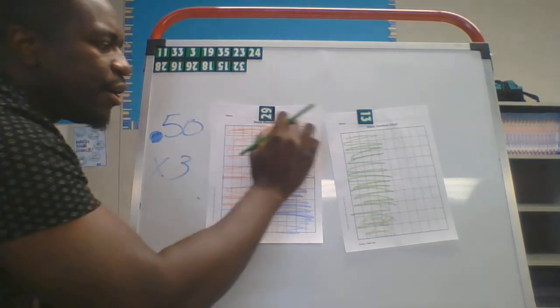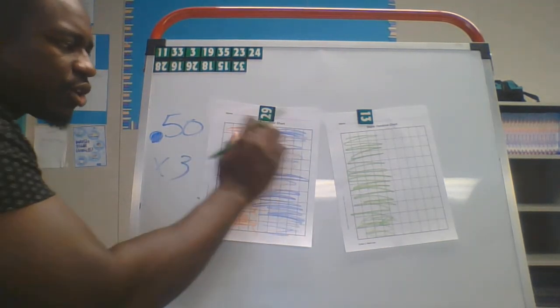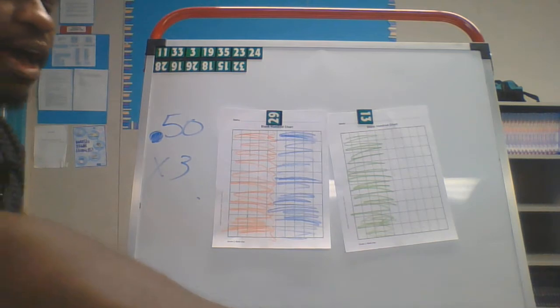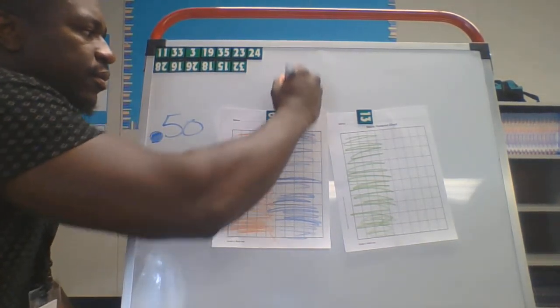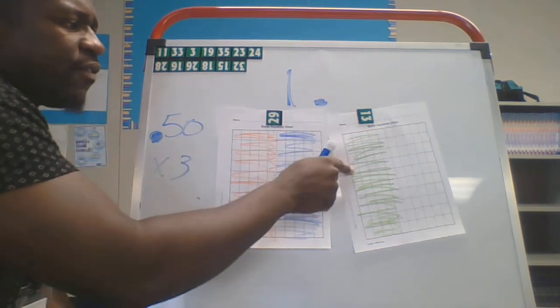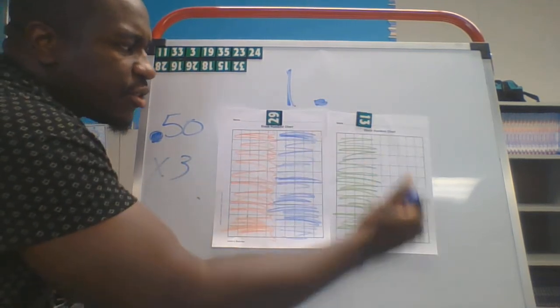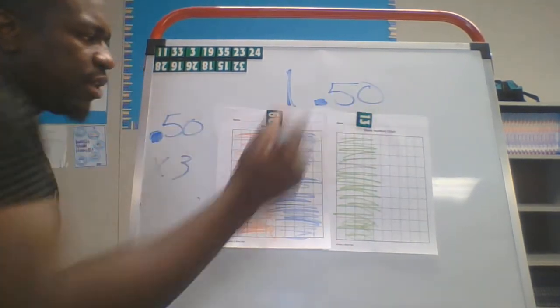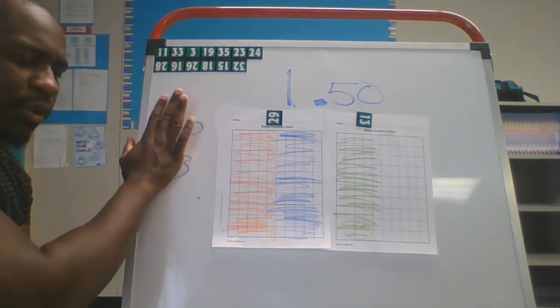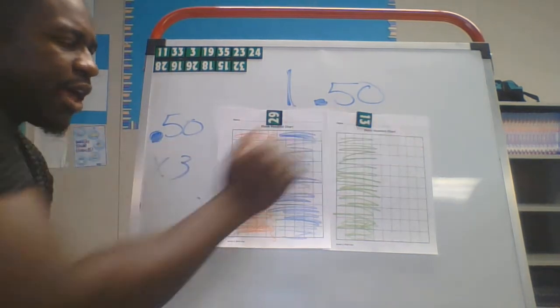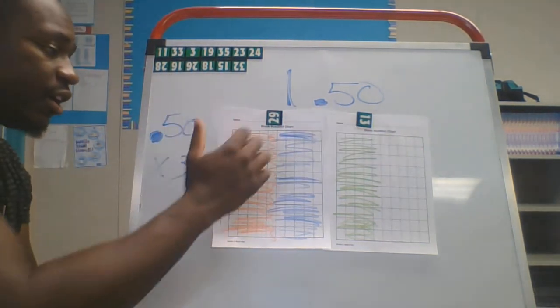So this entire hundreds chart, the whole hundreds chart is colored in. So I have one hole, and I put my decimal, and I have 50 hundredths are 5 tenths of the other one that is completed. So if I had 2 completed papers, it would be 2 and 5 tenths, or 2 and 50 hundredths.